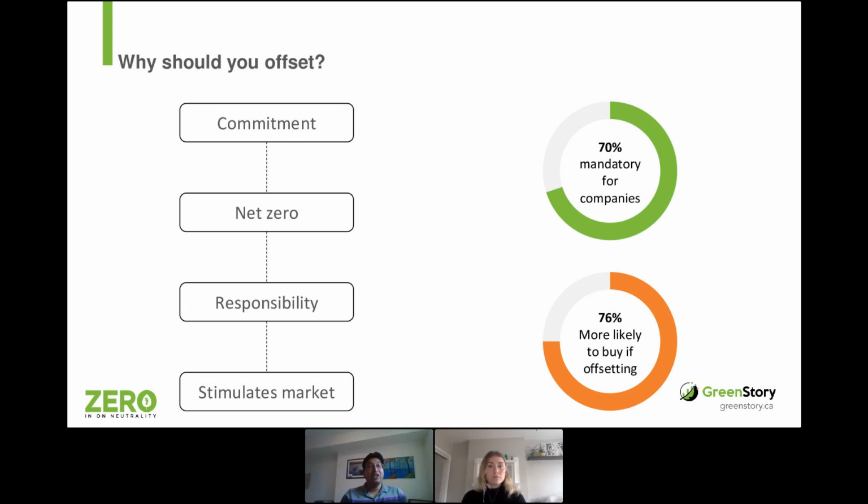And 70% of consumers believe today that companies should offset their emissions across their entire supply chain and not just within the company operations itself. But the best news is that 76% of consumers said that they would be more likely to buy a product if it is sustainable but is also carbon neutral.